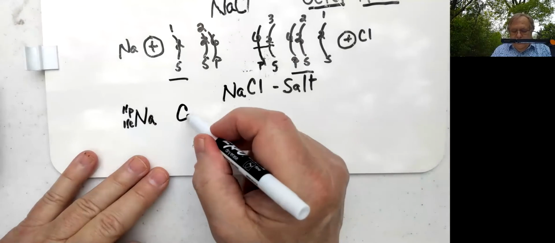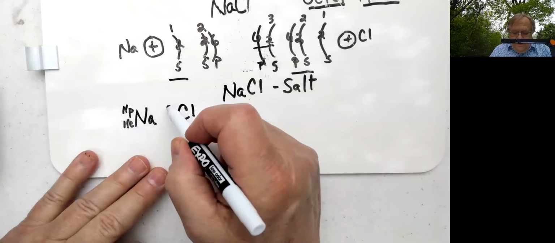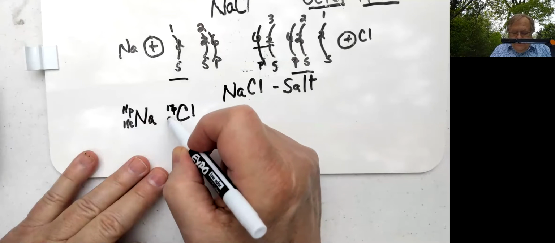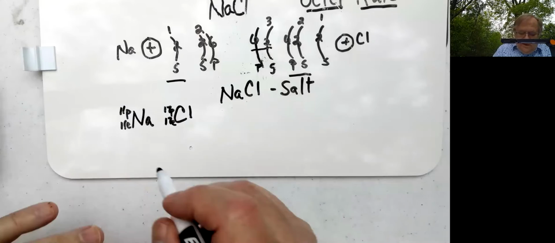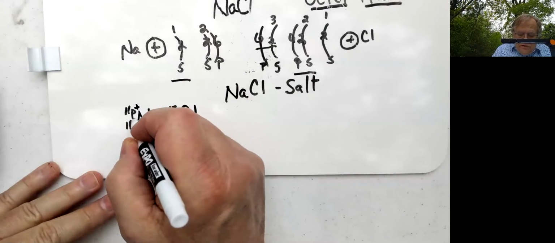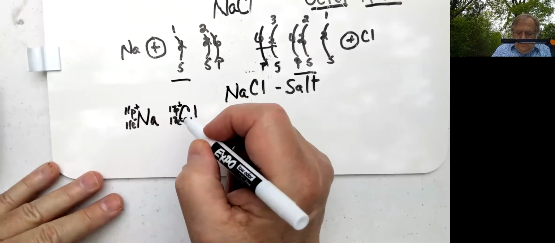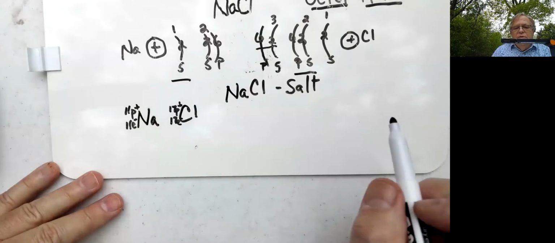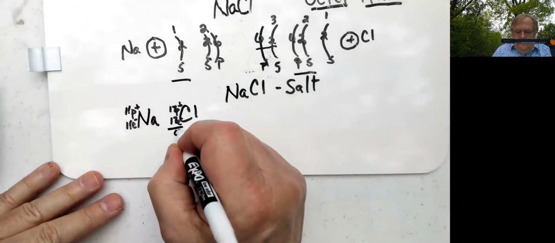And chlorine has 17 protons and 17 electrons. Okay, if we add those numerically, taking into consideration the fact that we know these are charges, we can say that this is a negative 17 and this is a positive 17. And that adds up to 0.